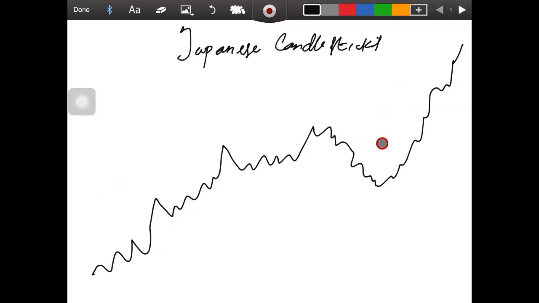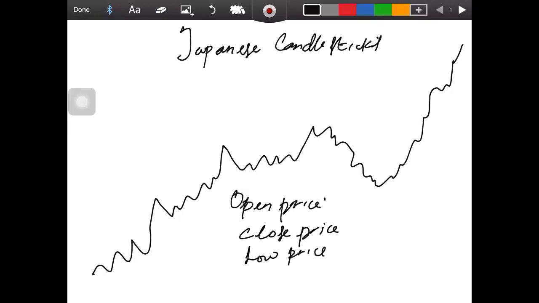Now what is the basic concept of candlesticks? The basic concept is that we're made to understand that what we need to trade any market is certain data, about 4 data: the open price, the close price for any particular period, the lowest price, and the highest price for any particular period.